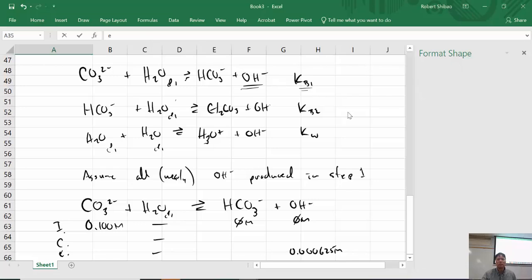Looks like it froze here. Okay, tell me what this is here. This is going to be minus x. This is going to be plus x. This is going to be plus x here. And then over here, we're going to have 0.100 minus x, and then x.